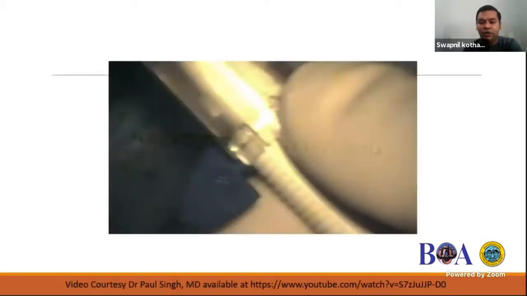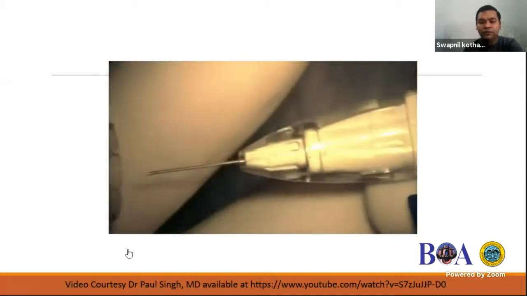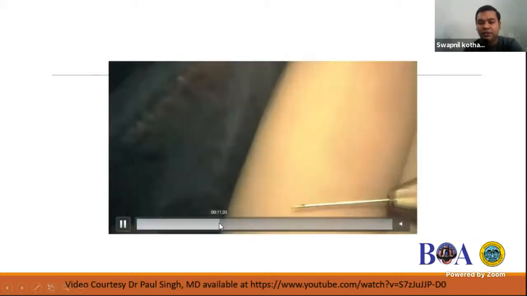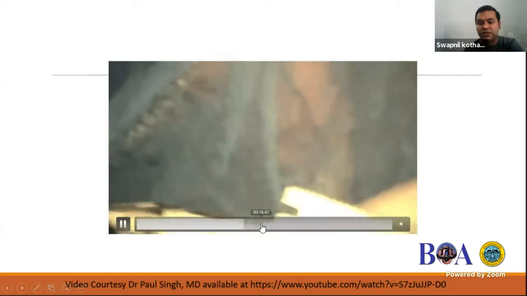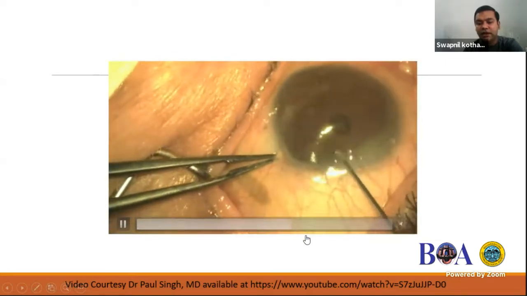This is a small video of how the Durysta injectable system is. This is basically similar to an Ozurdex cartridge, where you have a cartridge and the Durysta is already loaded in that, and you just go into the anterior chamber and release the implant.